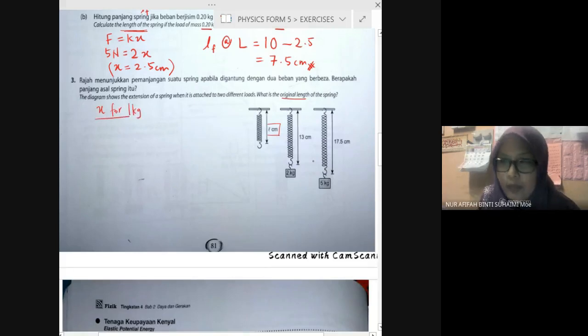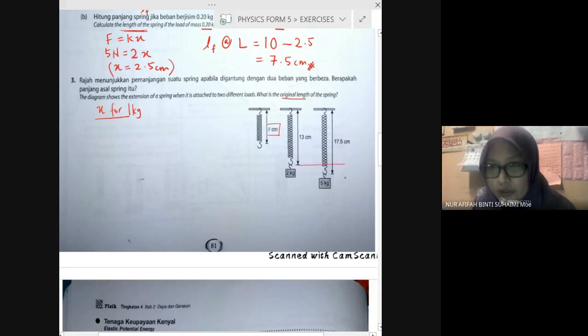Macam mana dapat tu? If you hang 2 kilogram, it becomes 13 cm. If you hang the spring with 5 kilogram, it becomes 17.5. So we can see here the difference is 3 kilogram, okay, let's say from here to here.